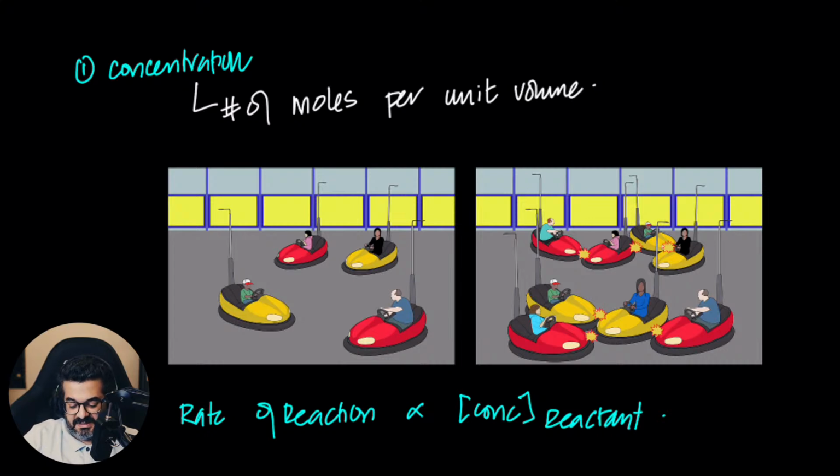Yes. And the same applies, as we discussed last time, to gases. For gases, remember one thing, and they'll teach you this in A levels also. The pressure of a gas is proportional to the gas's concentration.